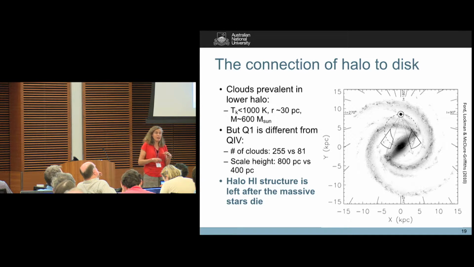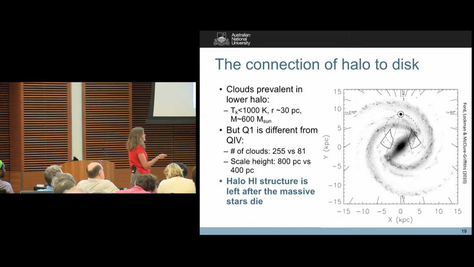So by comparing the distribution of clouds in two different regions around the tangent point, from Allison Ford's work, over here in the first quadrant where you're near the very exciting end of the bar and the major spiral arm, versus over here in the fourth quadrant where you're over a so-called minor spiral arm, you see much more halo cloudlet structure.